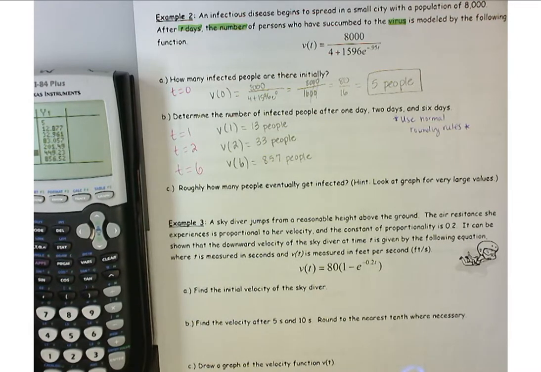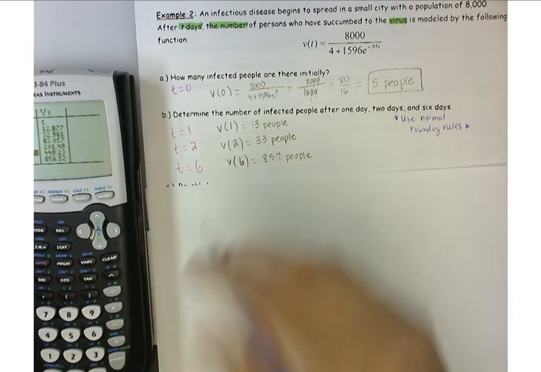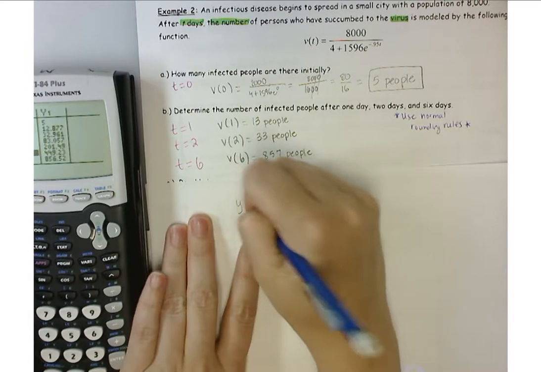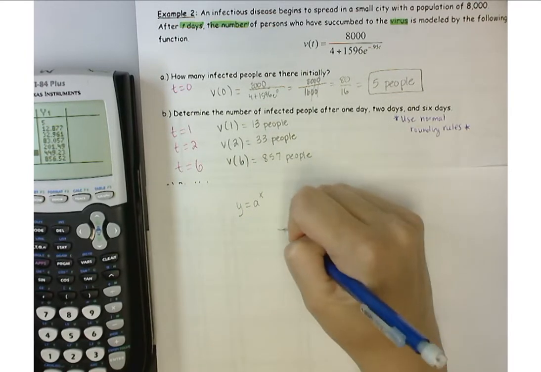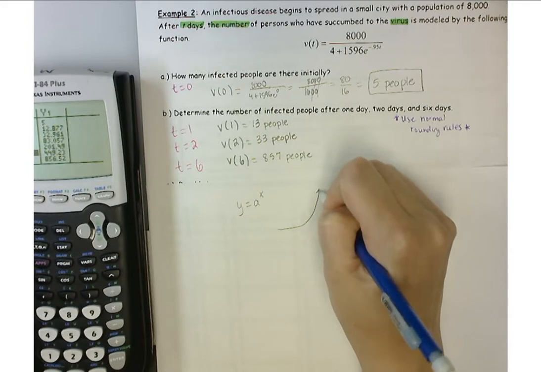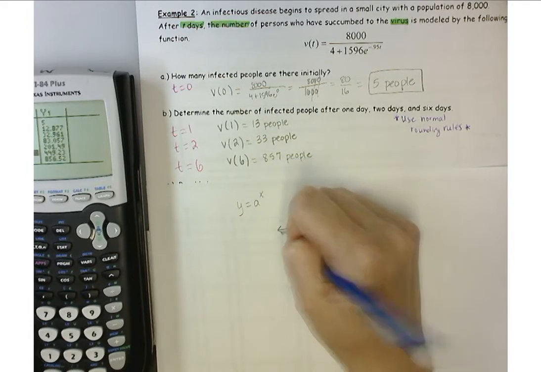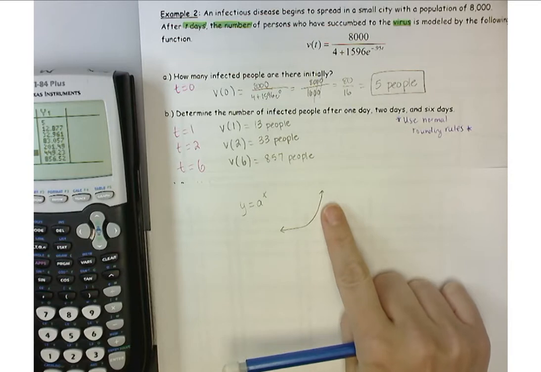So, if you have a regular exponential growth, and what I mean by that is something like y equals a to the x, the right side of the graph is going where? To infinity.